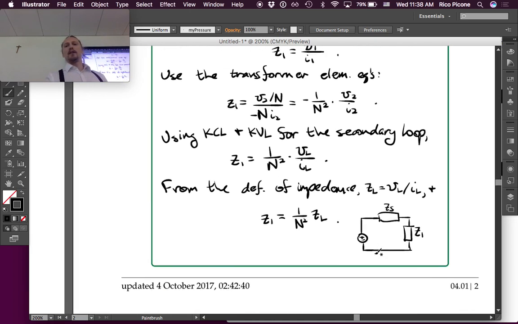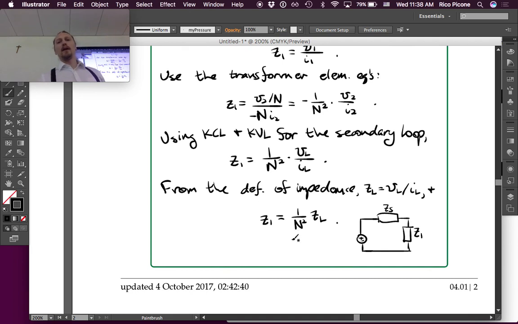So this 1 over n squared is how the impedance is transformed through the transformer. Useful stuff. So it's generally useful.